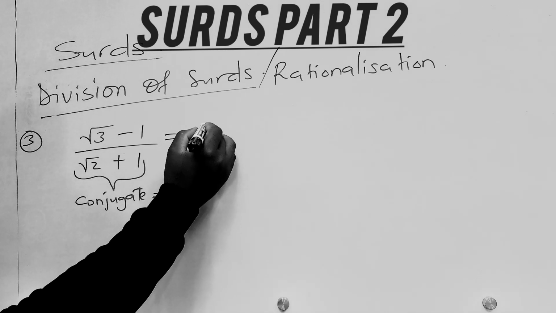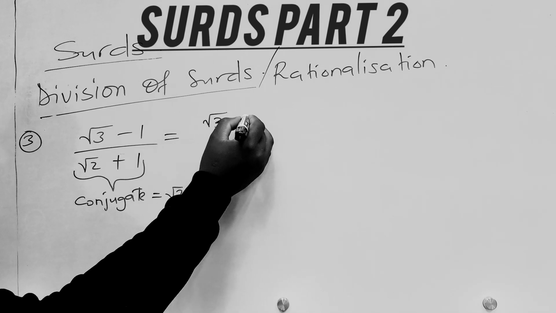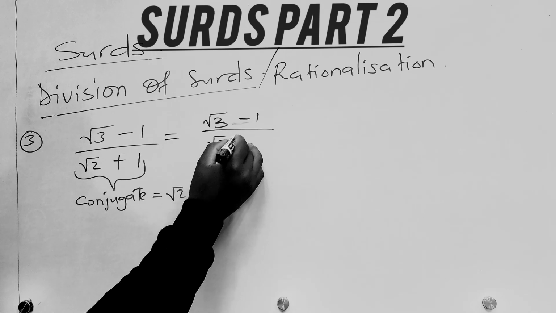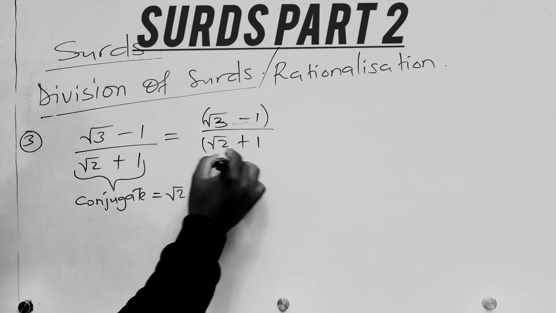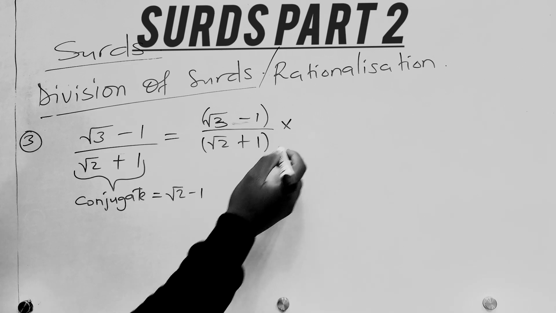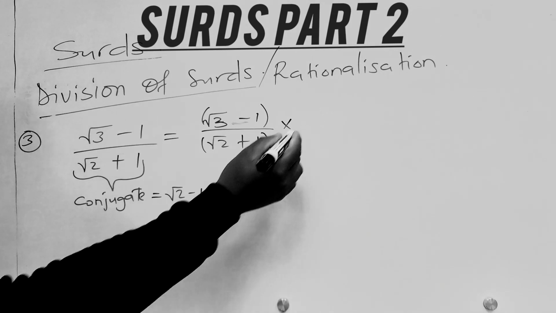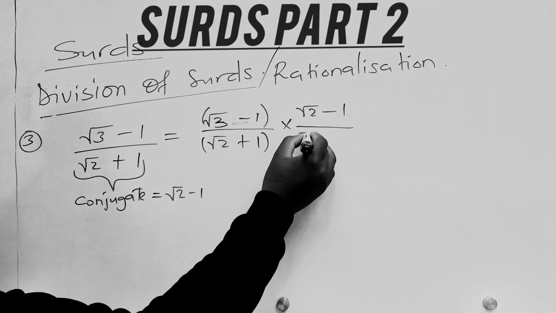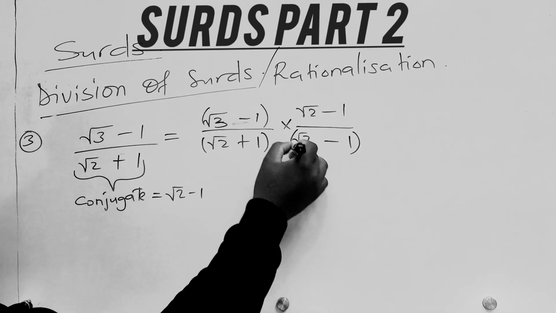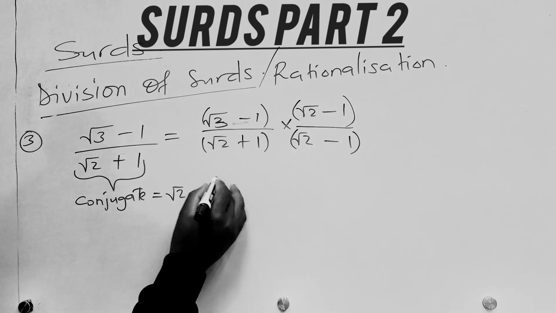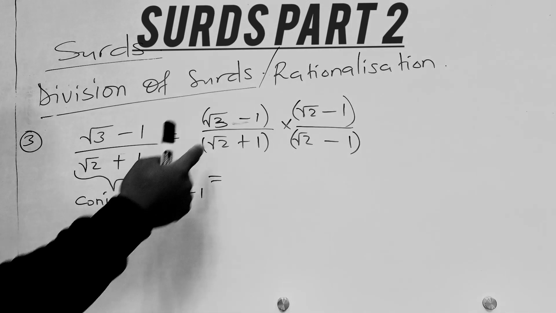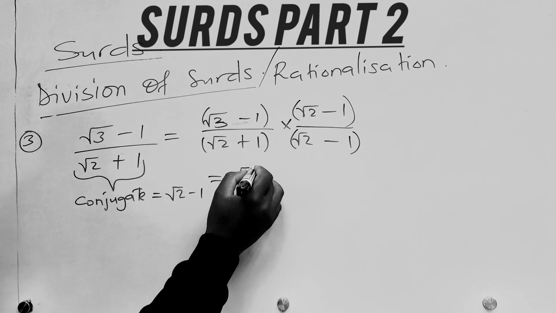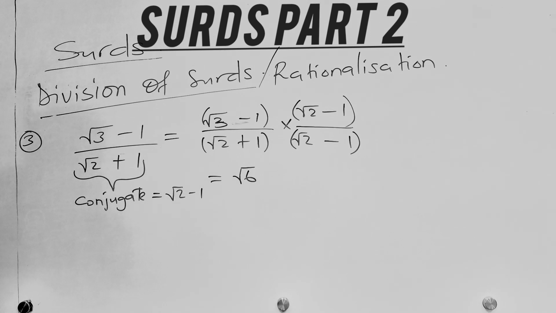So now let's simplify it. Root 3 minus 1 over root 2 plus 1. We put brackets, then we multiply by our conjugate, which is root 2 minus 1 over root 2 minus 1. Then from there, we simplify this. Root 3 times root 2, we get root 6.